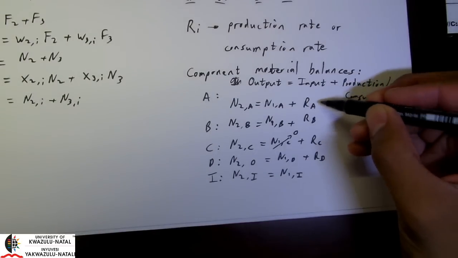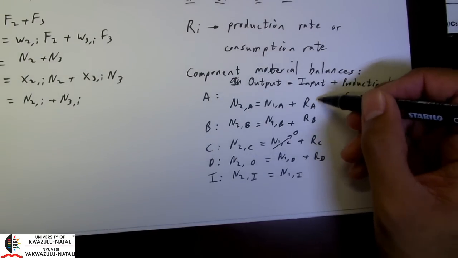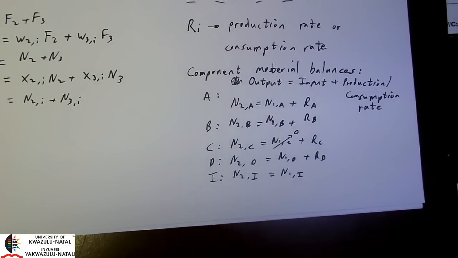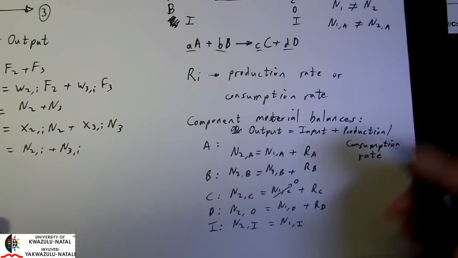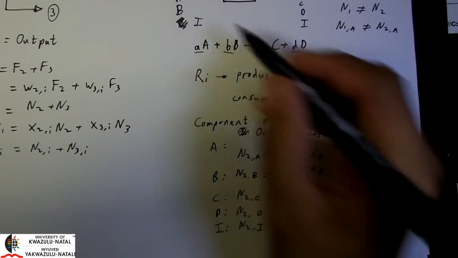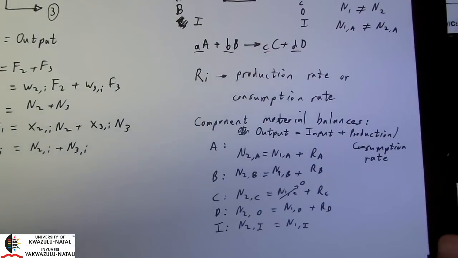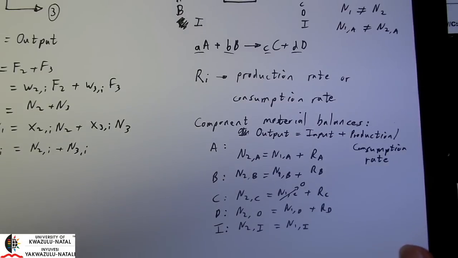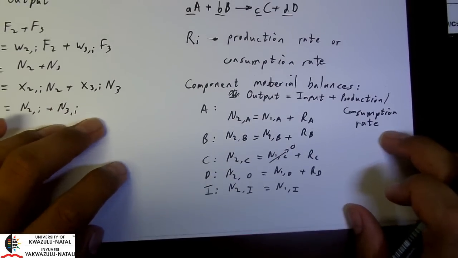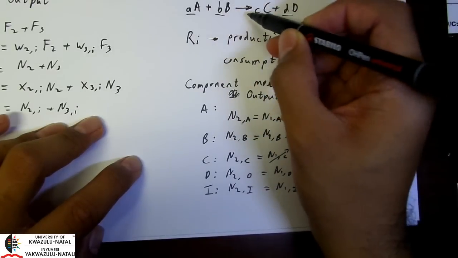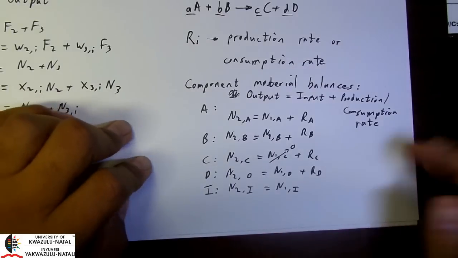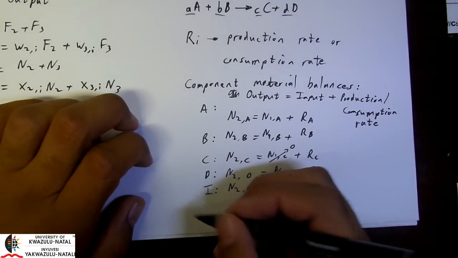Now, instead of having to find each individual RA, RB, RC, and RD, we can also note that these production or consumption rates are related to each other because our reaction follows a certain stoichiometry. So for our reaction, aA plus bB giving us cC plus dD, the following relationship will hold.